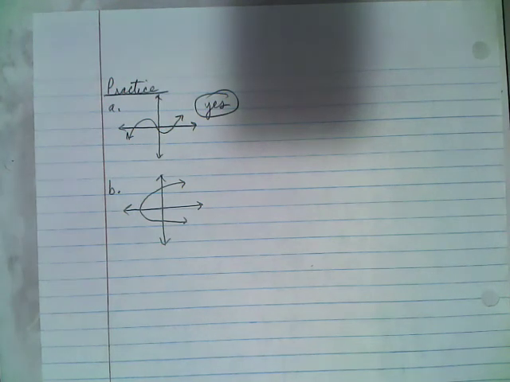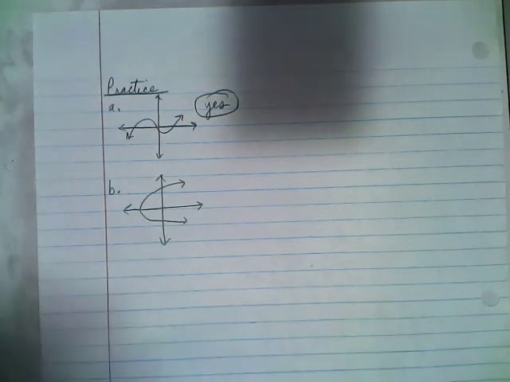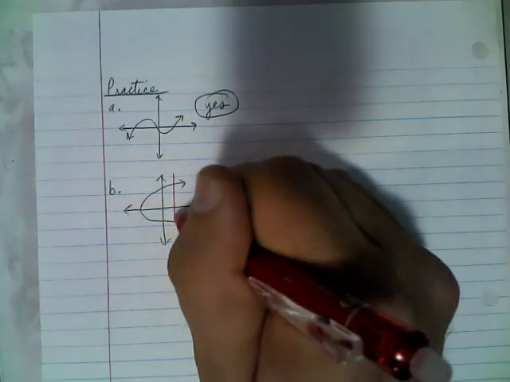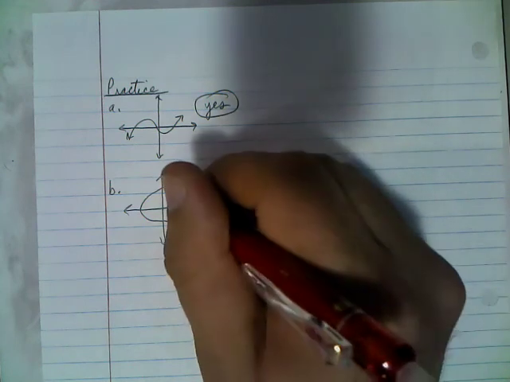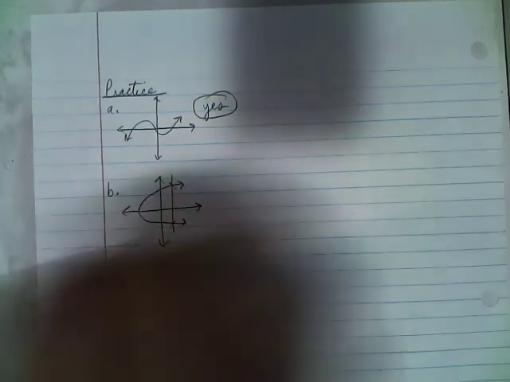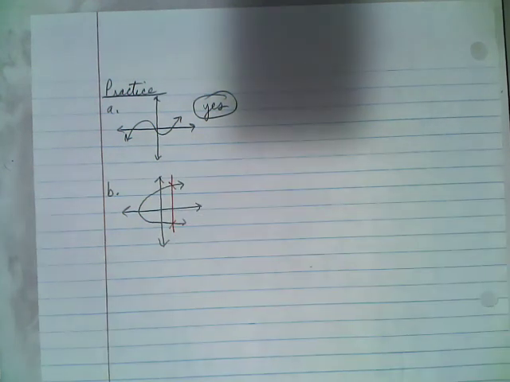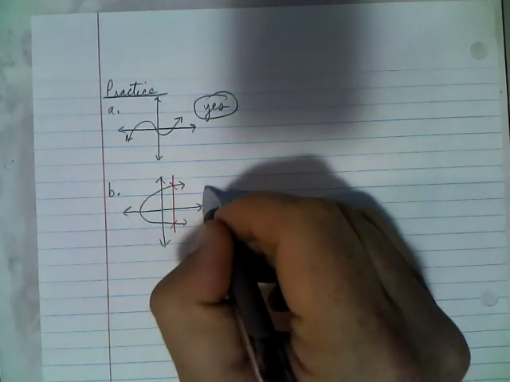So is there anywhere here where we can draw a vertical line where it's going to hit the graph more than once? Well, yes. It hits there and it hits there. That's more than once. So that means if we can say yes to the test, that means it is eliminated as a function. So if it's eliminated, then no, this is not a function.